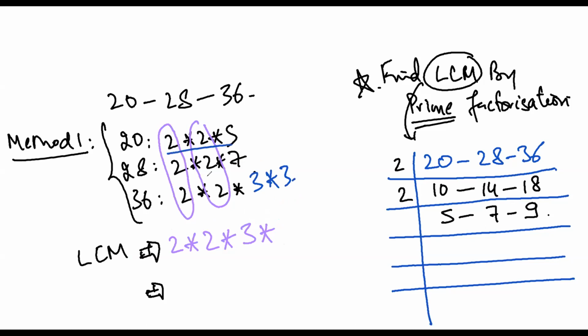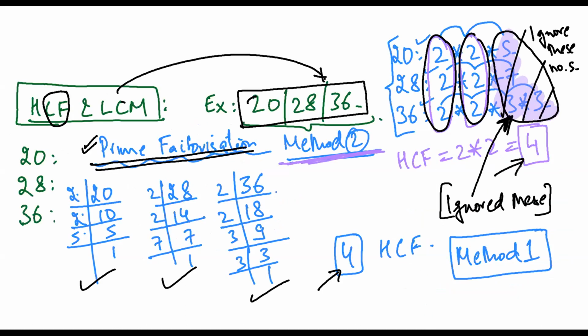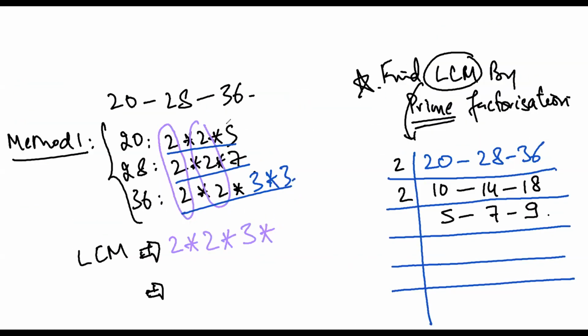I got this by prime factorization, which I did here: 2 into 2 into 5, 2 into 2 into 7, 2 into 2 into 3 into 3. Now, when I have to find the LCM, I consider these the common numbers, and then I just write all the remaining numbers. Is it clear? Yes, sir.